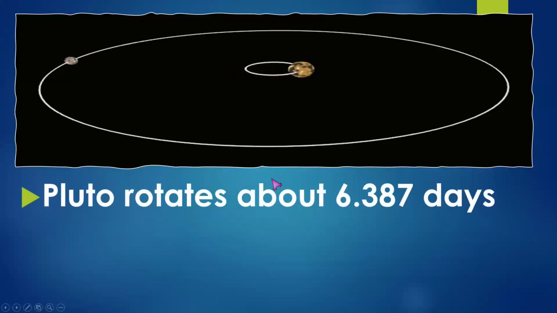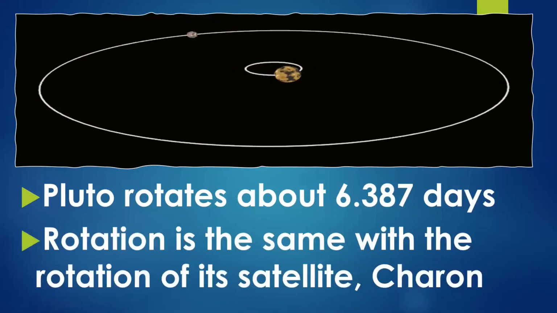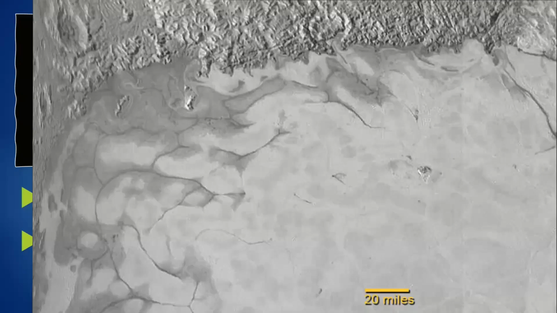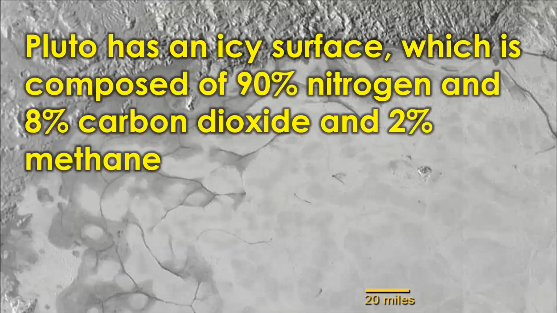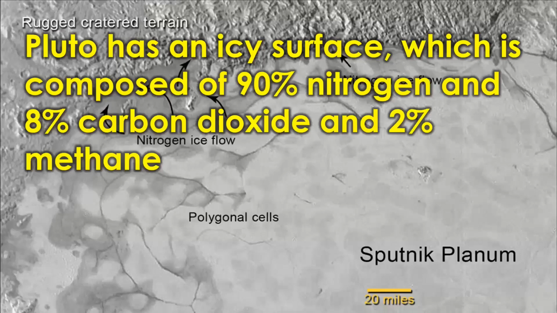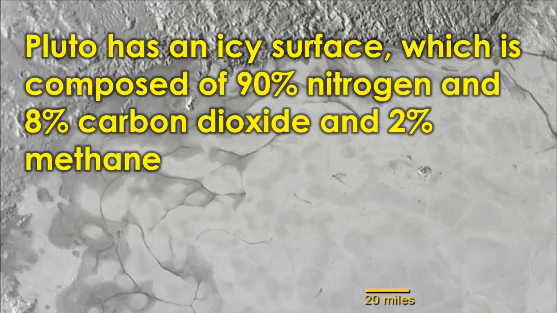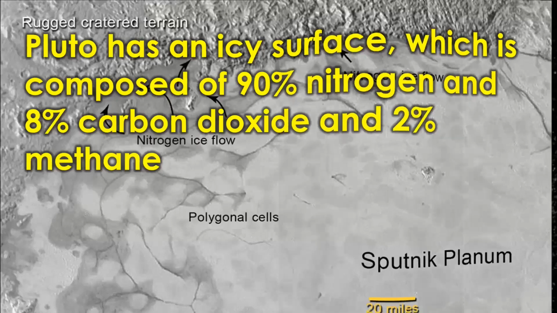Pluto rotates about 6.387 days in its own orbit, and its rotation is the same as the rotation of its satellite, Charon. Looking at the surface of Pluto, it is composed of 90% nitrogen, 8% carbon dioxide and 2% methane.